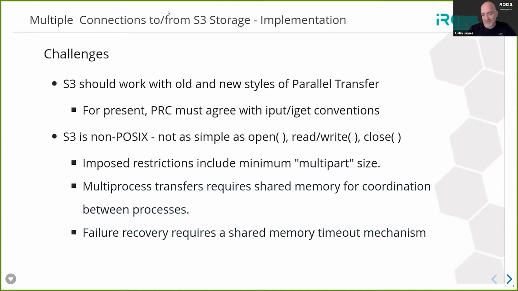So there's some processing required there. There's a little bit of shared memory, like the e-tags vector, which you get back for each part. The final complete multi-part has to send all those e-tags. Stuff like that had to be in shared memory now that we're doing multi-process instead of multi-thread.